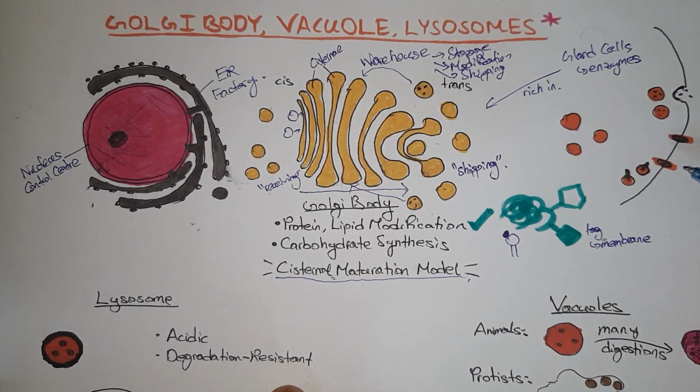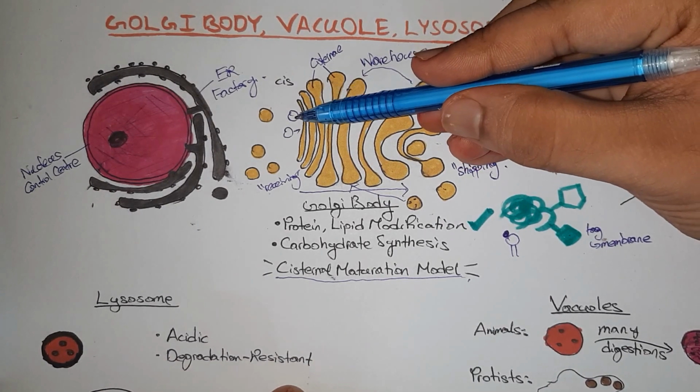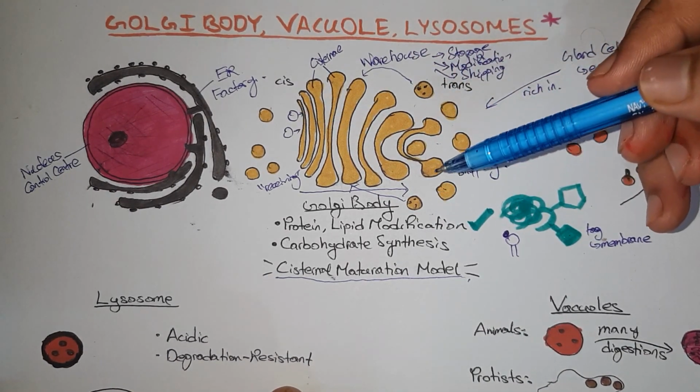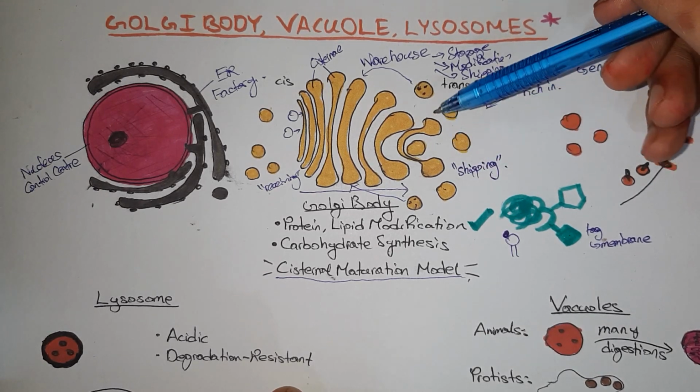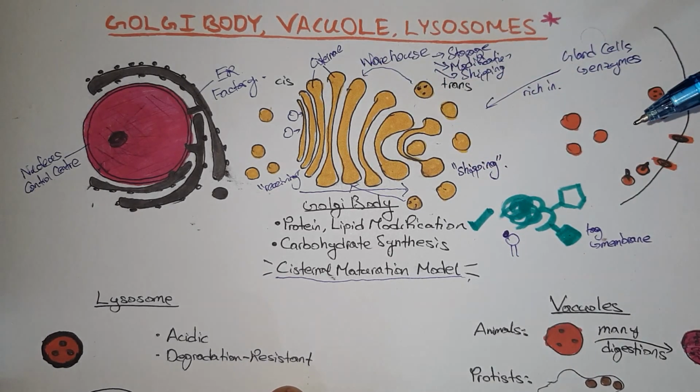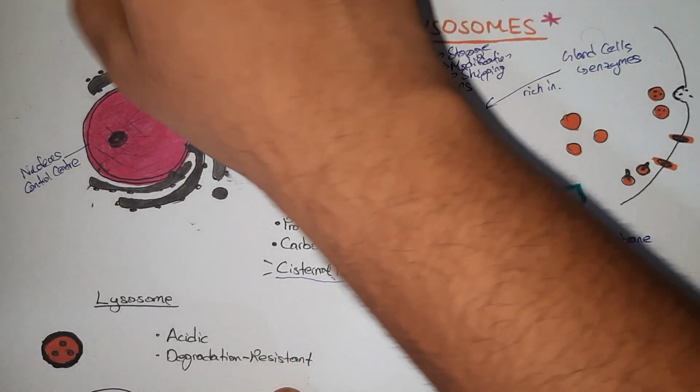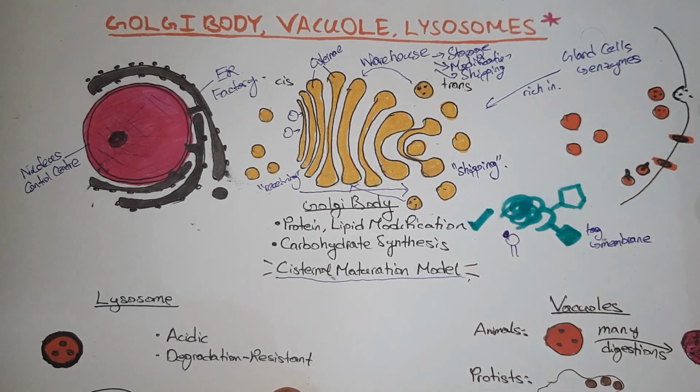So this model allows the cisternae to move from left to right, as well as prevents the need for the cell to create new enzymes for the Golgi body, because these enzymes are constantly being recycled. Now we must also look at the protein product, students. The first protein product is the protein product that is moving to the edge of the cell.